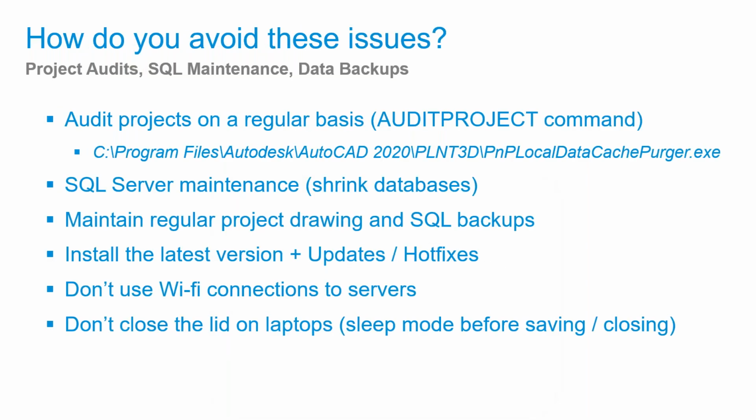And then how to avoid these issues. One thing we recommend is auditing projects on a regular basis. If it's an active project, multiple people working on it, probably once a week is good. If you can do that at the end of the week, you do that through the local data cache purger, which the path is listed there. And basically you can just go find that and put a shortcut to it on your desktop. You could have that run and purge the cache on a regular basis as well.